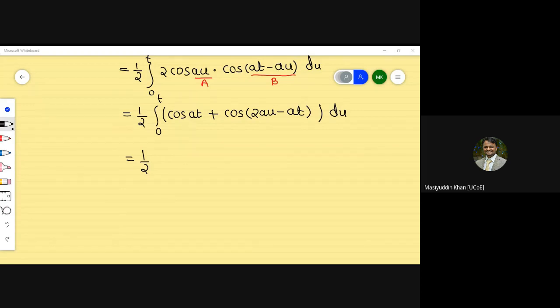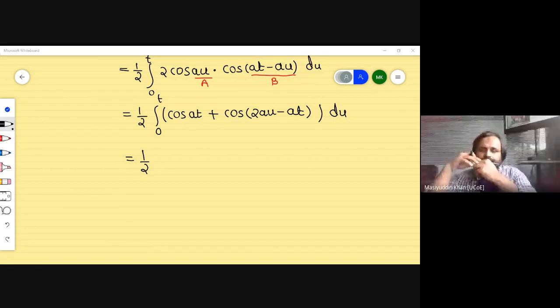Roshan, what will be the integration of cos at? Sine of at upon a.